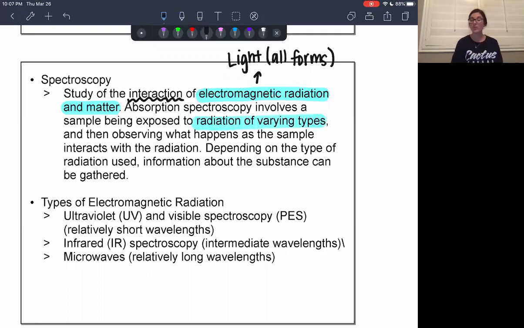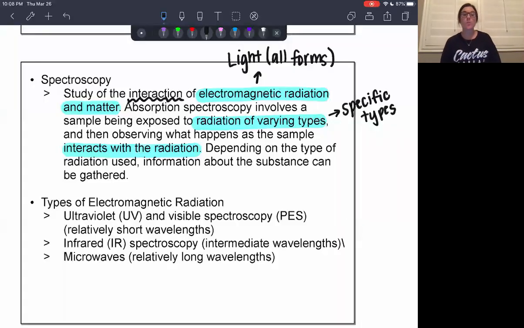I just went through the fact that electromagnetic radiation is all forms of light. This is talking about the study of specific types. So what happens when I use a specific type of light over and over again? Do I see the same thing? Do I see different things? Is there a pattern that happens? And then observing what happens as it interacts with the radiation.